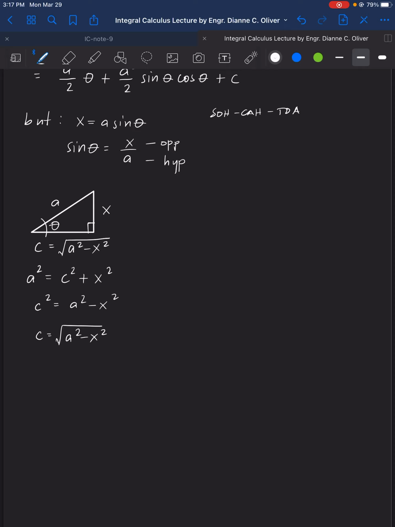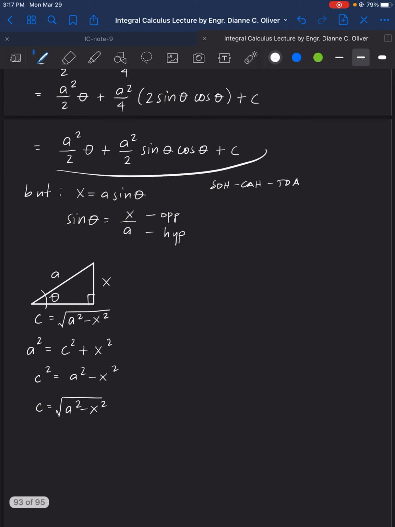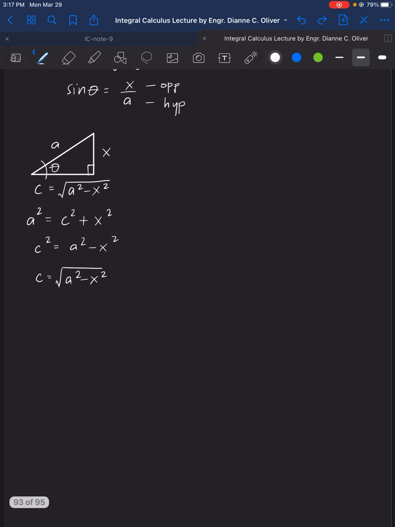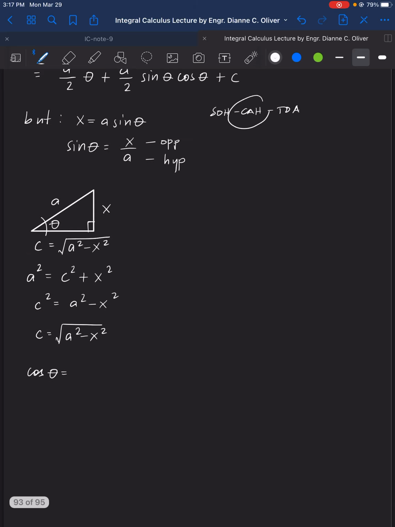Now take note that in this answer, we have sine and cosine. So from SOHCAHTOA, for cosine theta, cosine is equal to adjacent over hypotenuse.